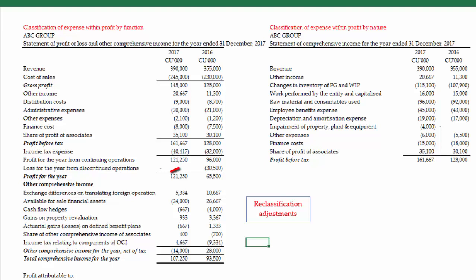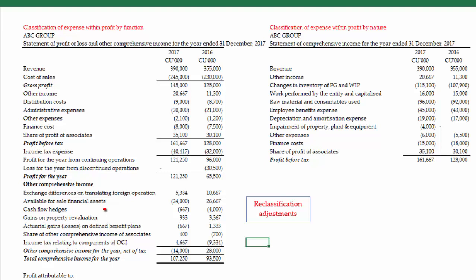For example, this exchange difference on translation of a foreign subsidiary will be realized and reclassified to the statement of profit or loss when the foreign subsidiary is disposed. Okay? Also, this gain on available for sale financial assets will be realized and transferred to the statement of profit or loss when the available for sale financial asset is derecognized.